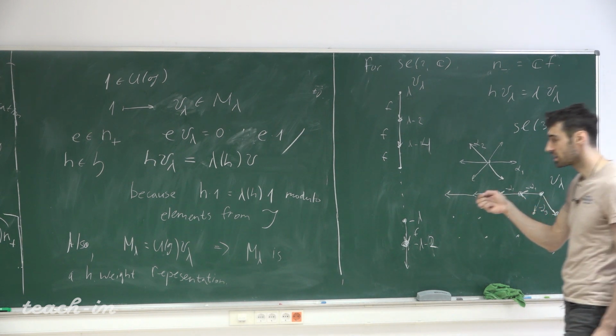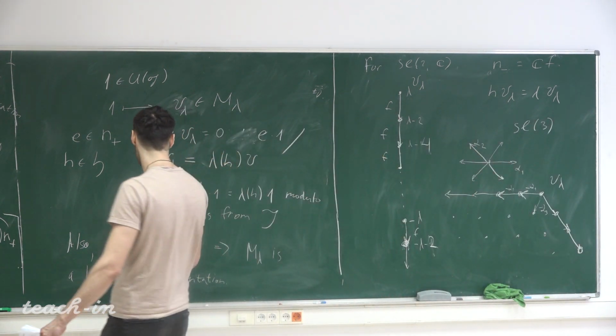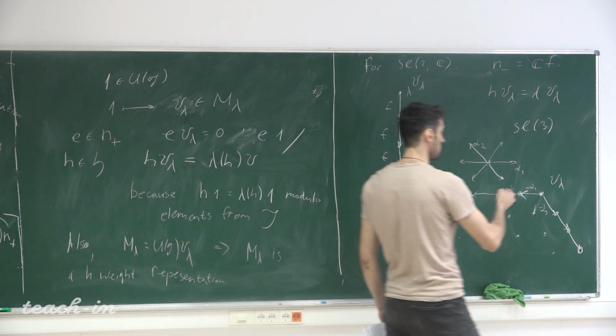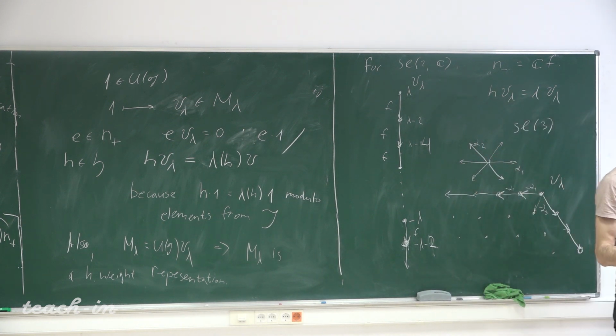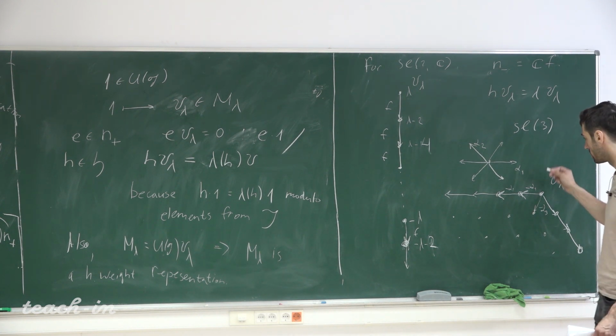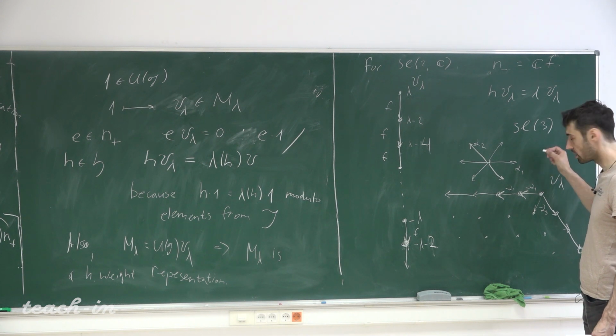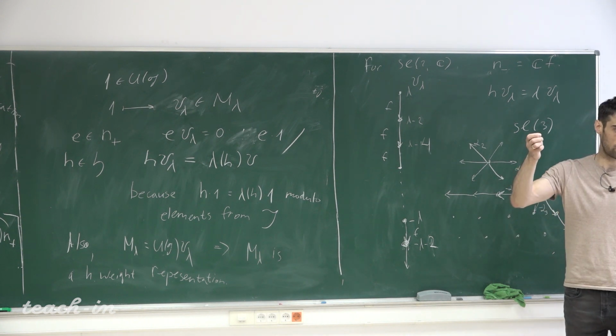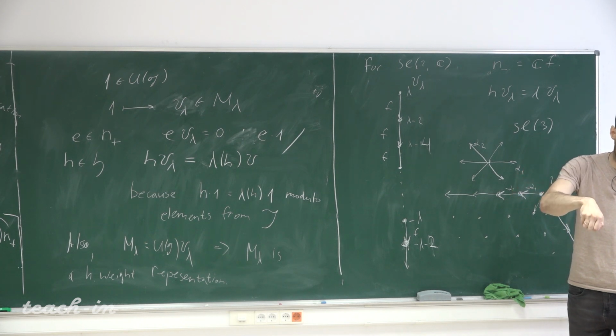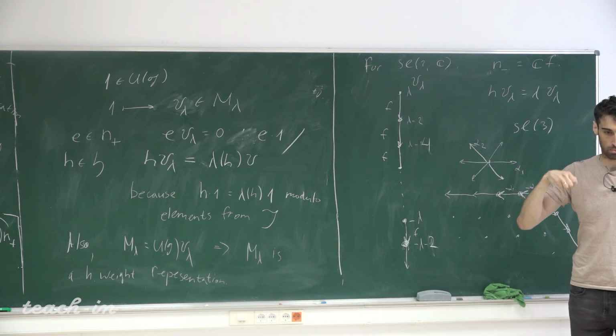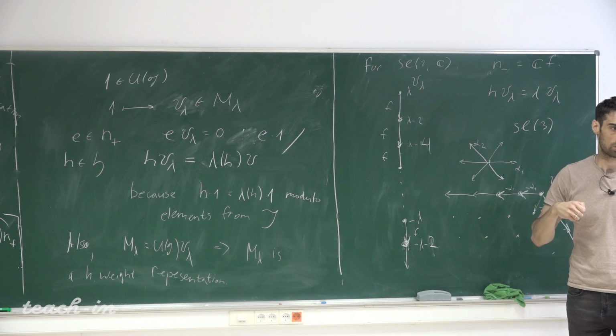So highest in this sense of this partial order that I introduced. So highest weight, in a sense, is a weight such that in my representation there is no other weight which I can obtain from this one by adding positive roots. So that's my definition.